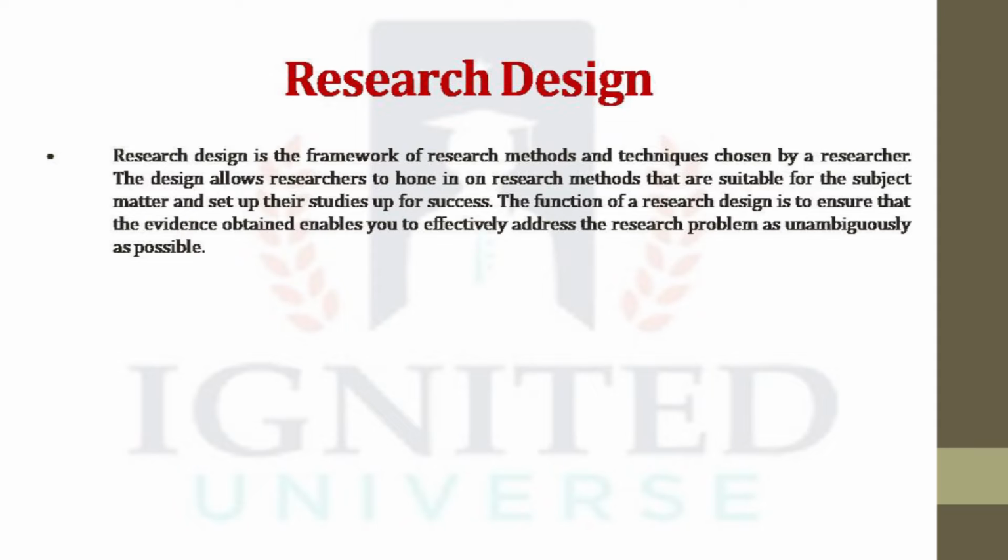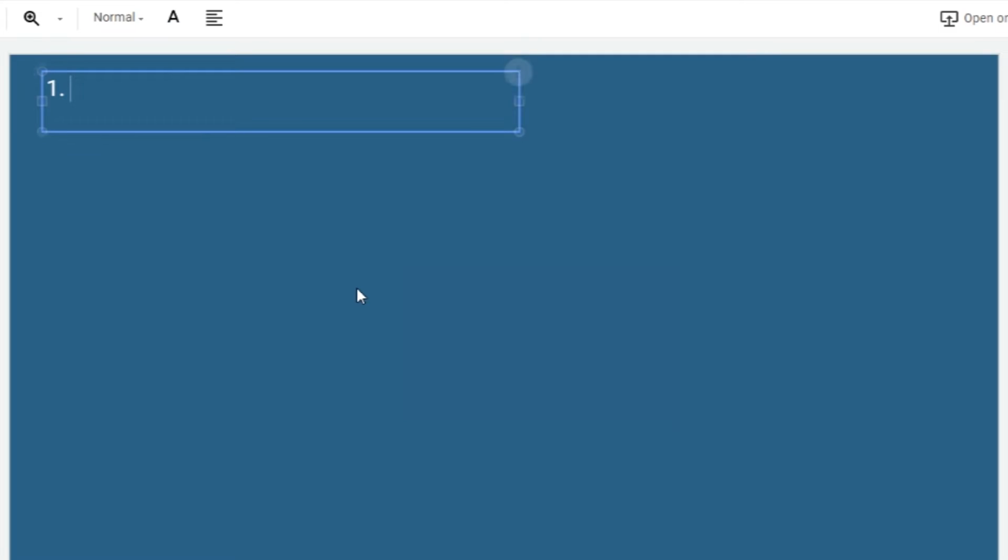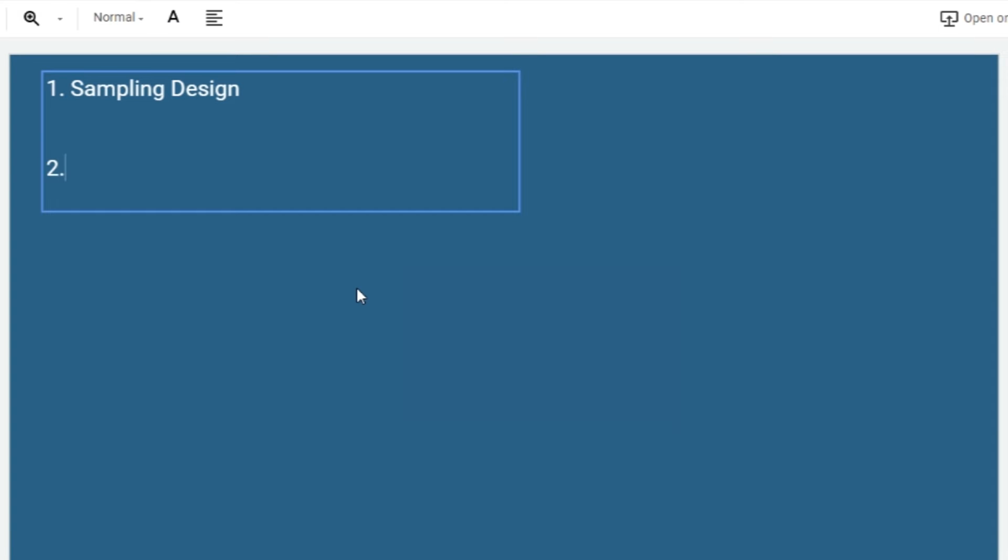Keeping in view the above stated design decisions, one can broadly split the research design into 4 parts. The first part is the sampling design, which deals with the method of selecting items to be observed for the given study. Then comes the observational design that relates to the conditions under which the observations are to be made.